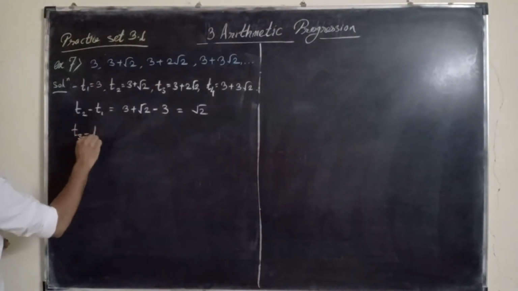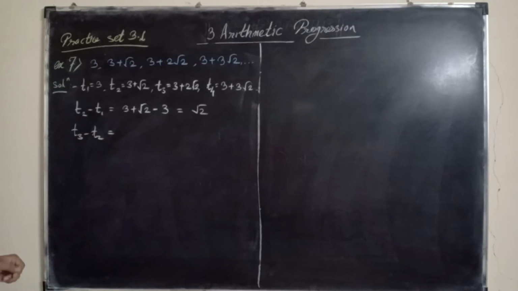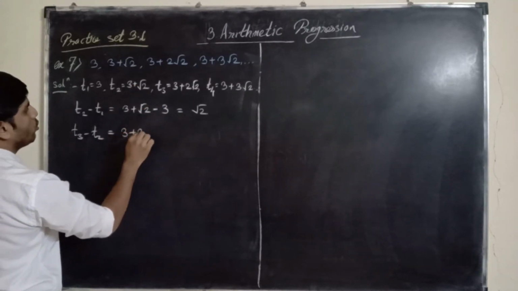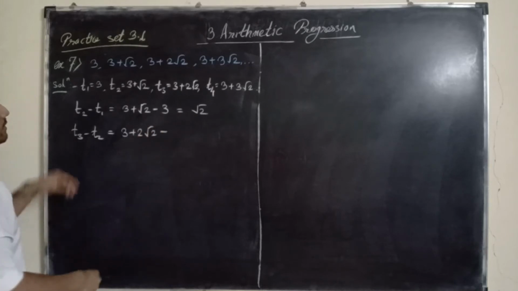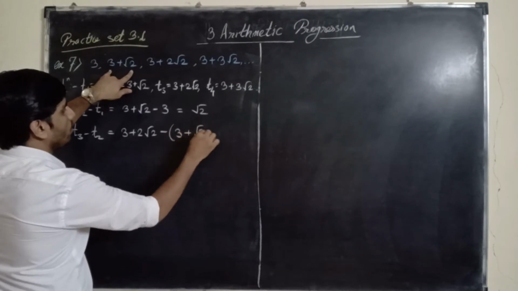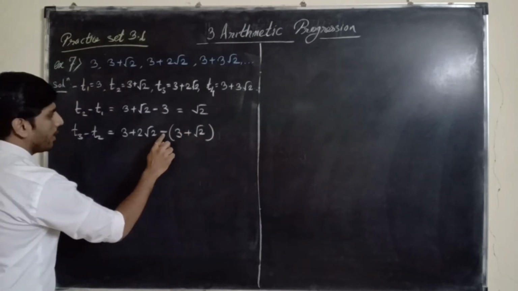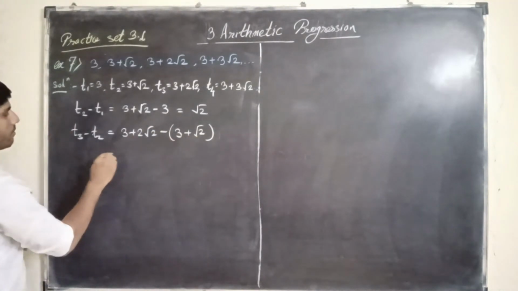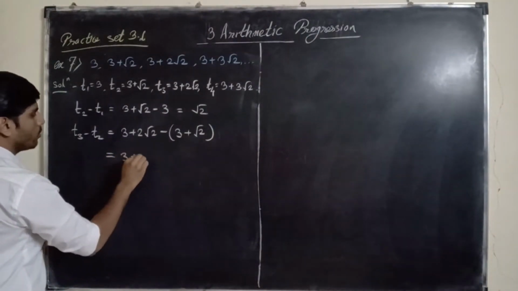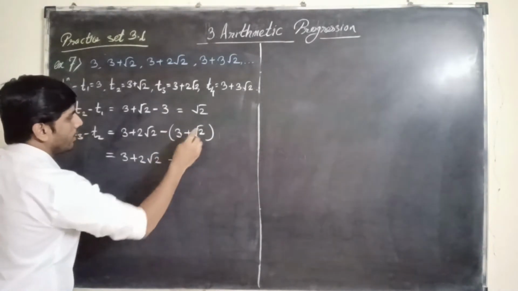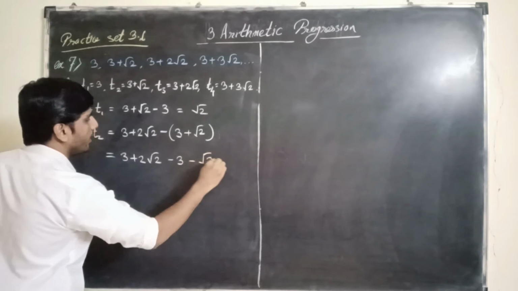Now T3 minus T2 is equal to, here T3 is 3 plus 2 root 2 minus T2, which is 3 plus root 2. Now here this subtraction sign will be applicable for each and every term in the bracket. So 3 plus 2 root 2 will remain as it is. Now this positive 3 will become negative 3 and positive root 2 will become negative root 2.